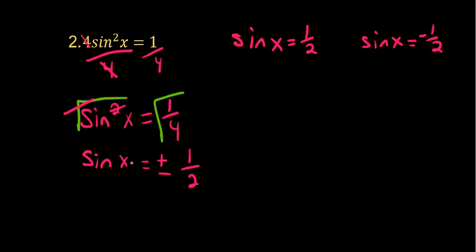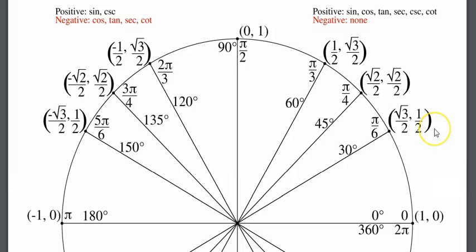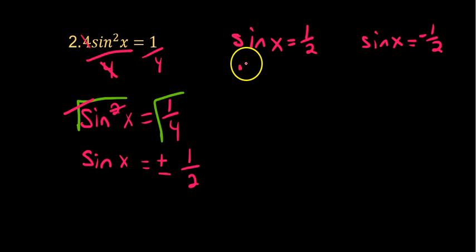So let's start with sine x equals +1/2. Sine is our y values on the unit circle. I find a +1/2 right here and over here. So I'm going to be using pi over 6 and 5 pi over 6 for this solution. So I'll write x equals pi over 6 and 5 pi over 6.